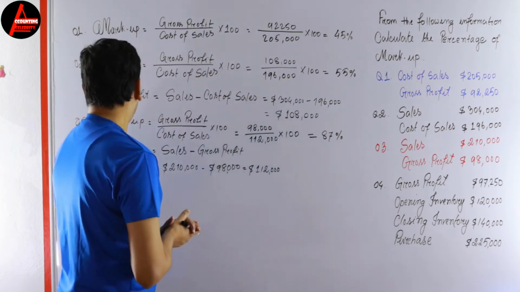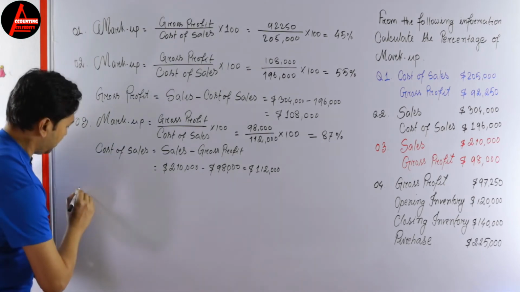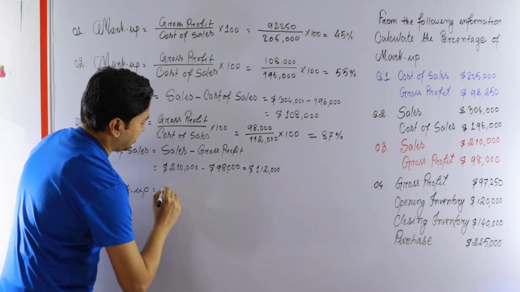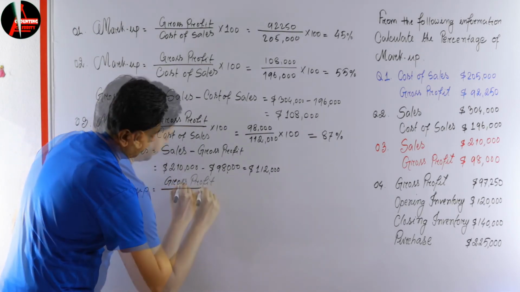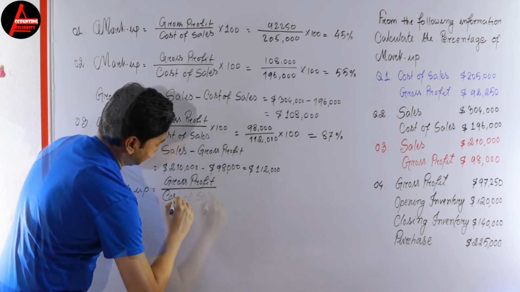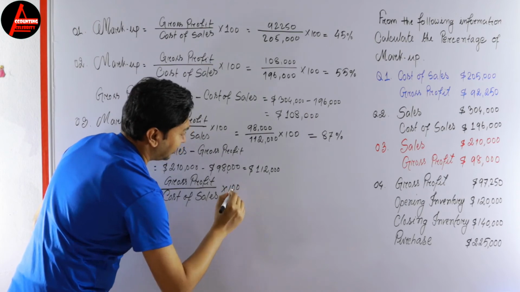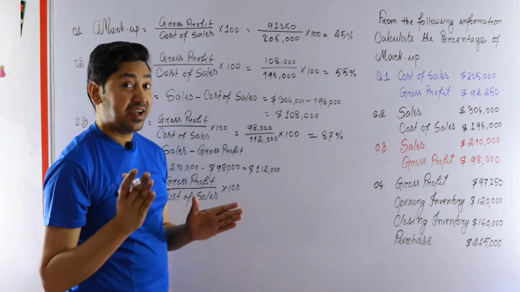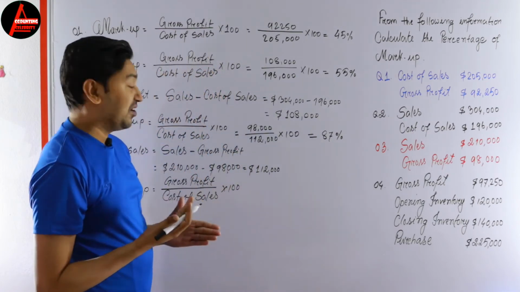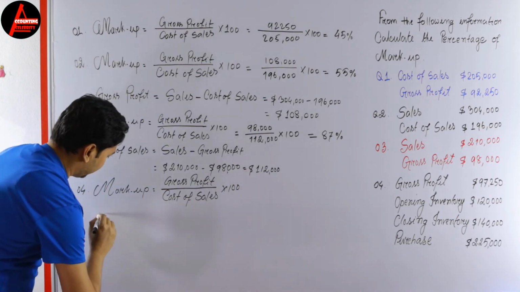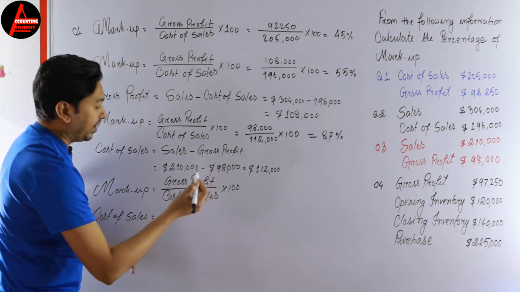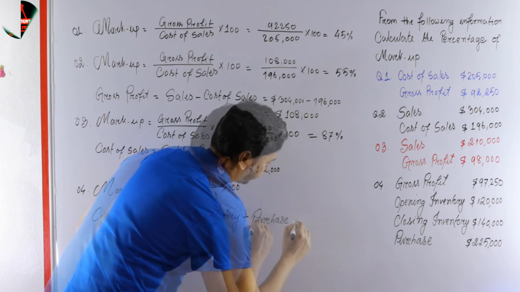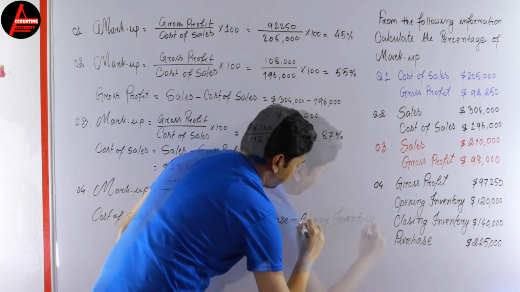So let us write the formula first. Number 4, markup equals the same formula, gross profit divided by cost of sales times 100. Now we need to calculate our cost of sales. How to calculate? Any idea? We know cost of sales equals opening inventory plus purchases minus closing inventory.